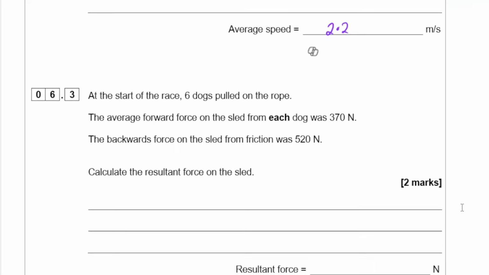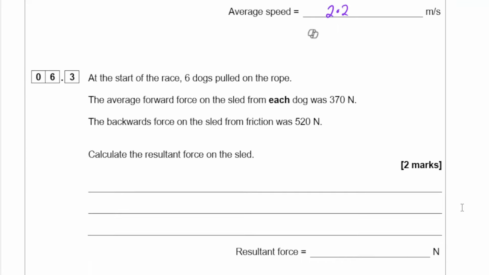At the start of the race, 6 dogs pulled on the rope. The average force on the sled from each dog was 370 newtons. Now, each dog is pulling with a force of 370 newtons. So you've got 6 dogs. The backward force on the sled from friction was 520 newtons.